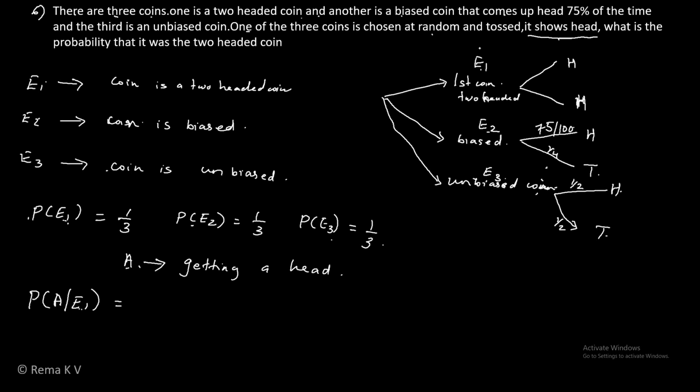See here, it is a sure event since both the faces are heads. Whichever face occurs in the toss, head occurs. It is sure, so its probability is 1. So what about the probability of getting a head when the second coin is chosen?